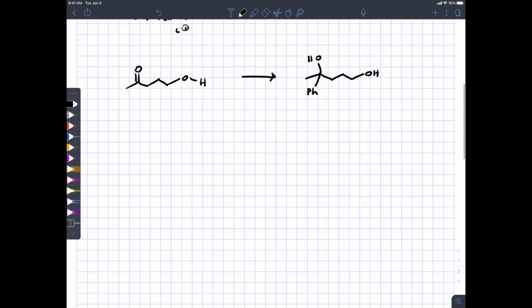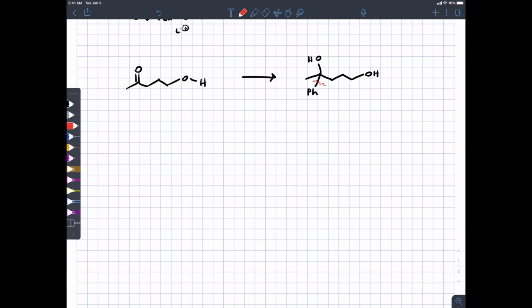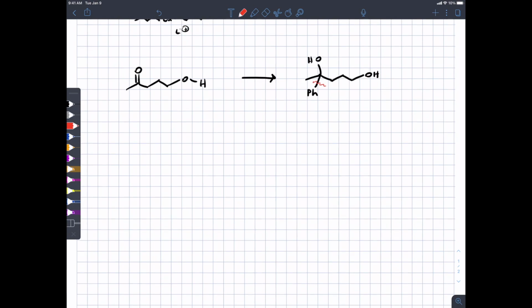All right, well, if you're thinking in terms of what the reagent must have been, I see that we've created a new carbon-carbon bond at what used to be a carbonyl carbon. So I'm thinking, let's go ahead and use phenyllithium. By that I mean just the benzene ring attached to lithium. And then in a second step, we'll use water to protonate the tetrahedral intermediate.